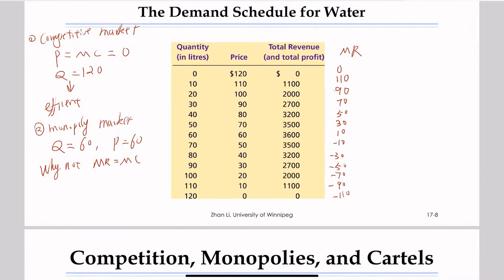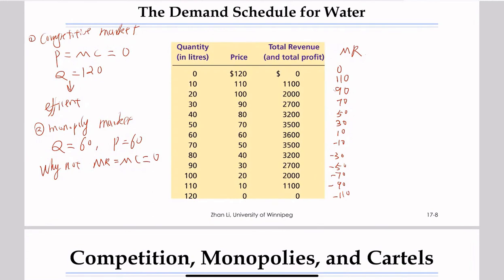Now, what's the problem if you want to use MR equals MC to figure out the profit maximizing quantity? You have no answer here, right? Because marginal cost is 0, but you don't have a 0 in the marginal revenue.